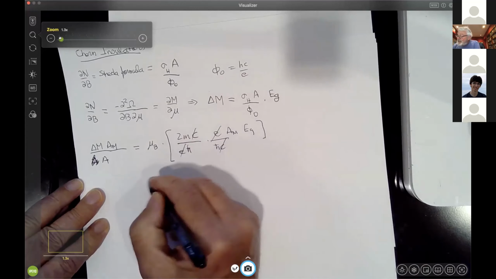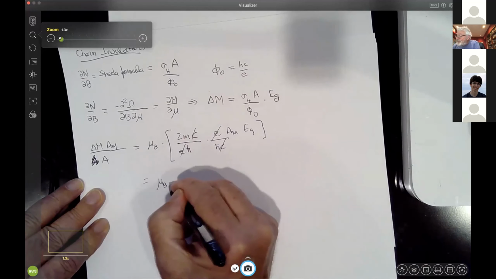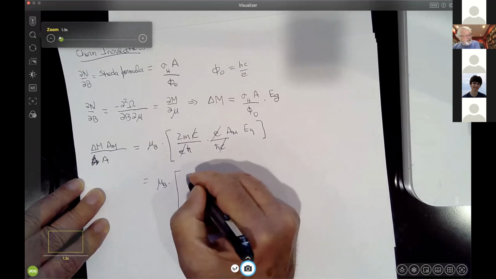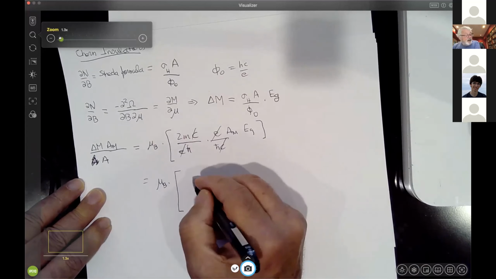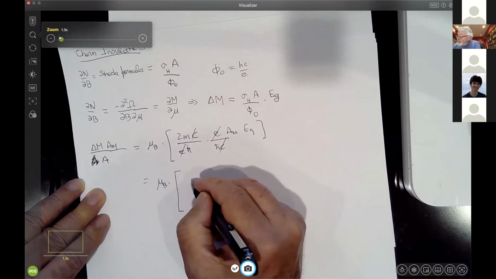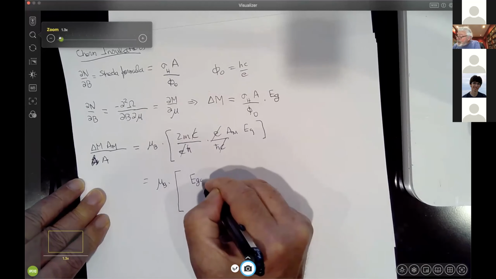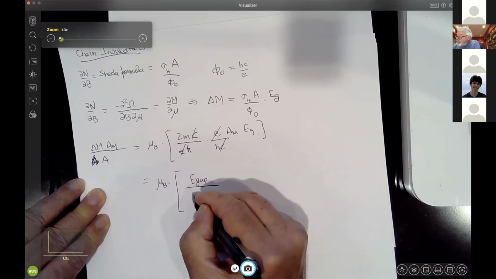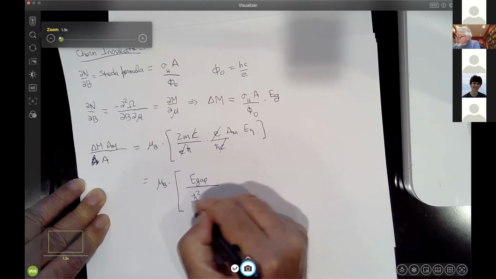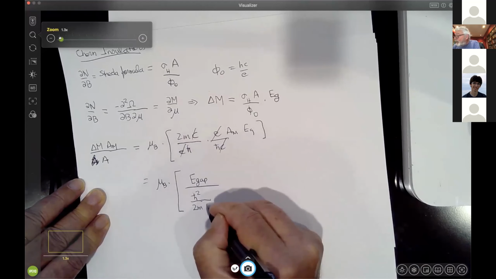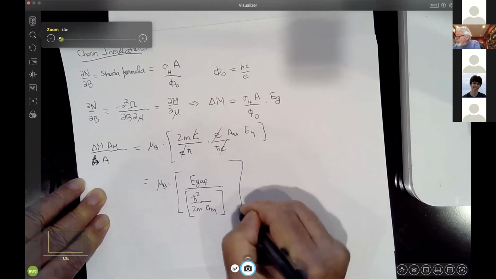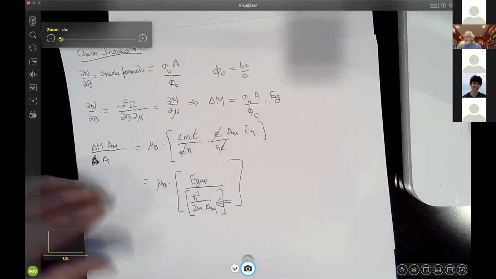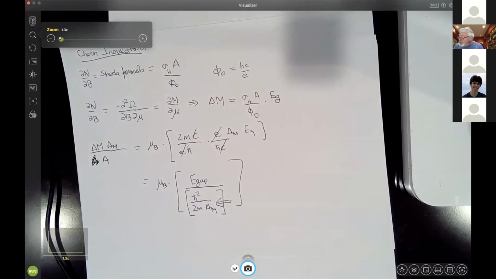So you can see that this magnetization, if I express it in units of Bohr magnetons per unit cell, is of order the energy gap divided by ħ² over 2m A_Moiré. This is actually the kinetic energy scale associated with Moiré superlattices that Leon talked about on Tuesday.